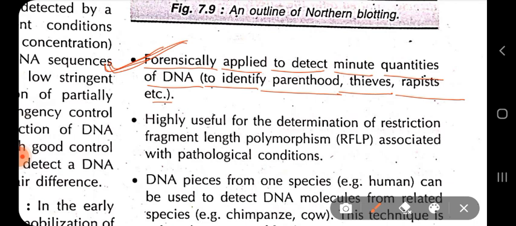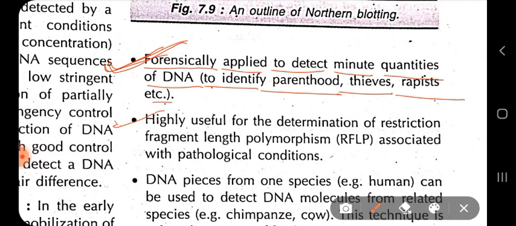The target DNA sample is taken from the suspects. Through Southern hybridization we are able to identify those minute quantities of DNA to identify parenthood, thieves, murderers, etc.